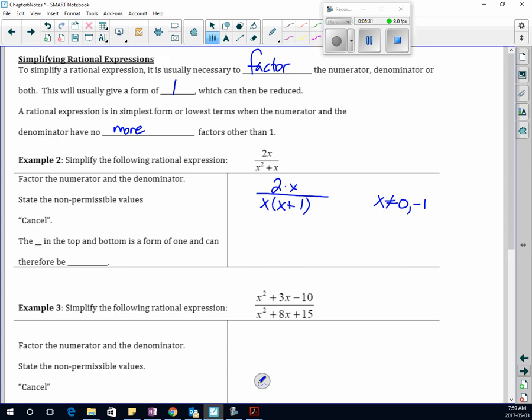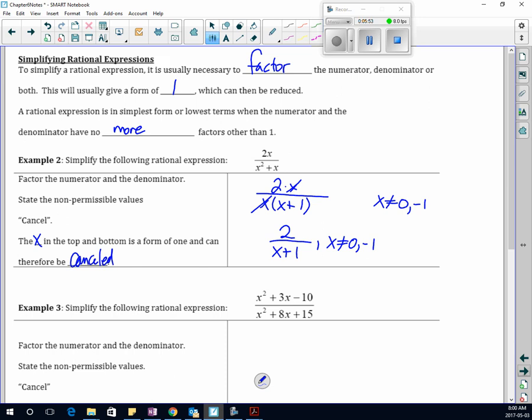Because this is a monomial x and this is a monomial x, we can cancel that form of 1. Remember, you're looking for forms of 1 that can be canceled. So then this is equal to 2 over x plus 1, where x cannot equal 0 or negative 1.